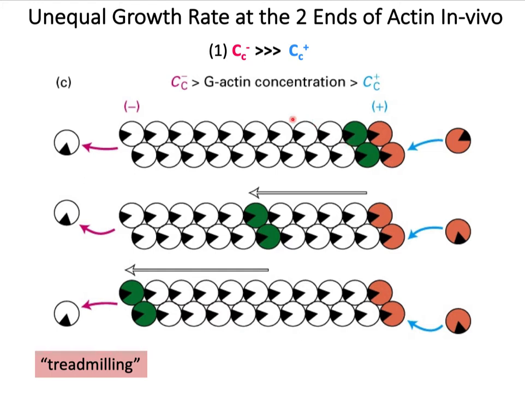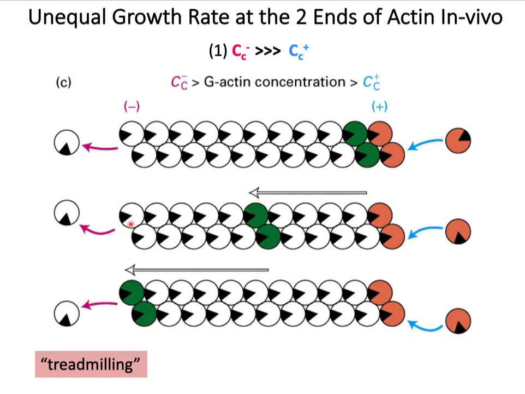That is why in vivo, you almost always see addition of monomers at the plus end. Now, this unequal growth results in a very interesting phenomenon known as treadmilling. Treadmilling is the apparent movement of monomers through the filament from its plus end to the minus end, just like they were moving on a treadmill.